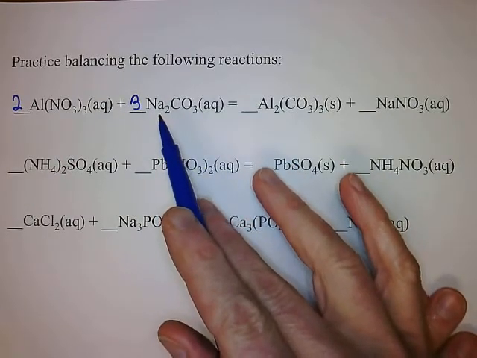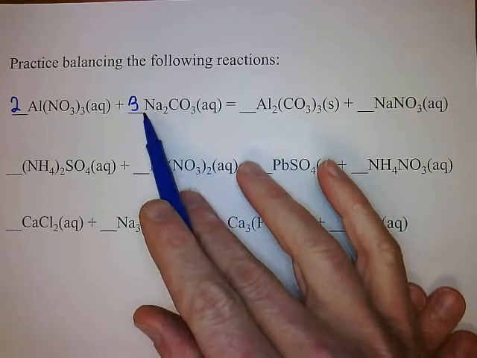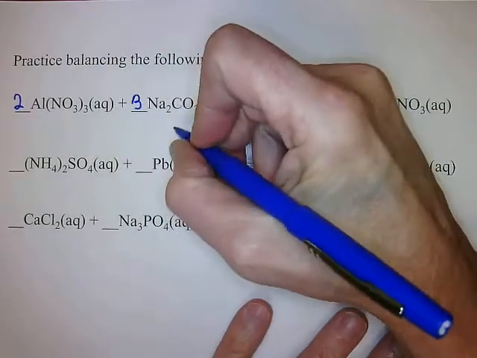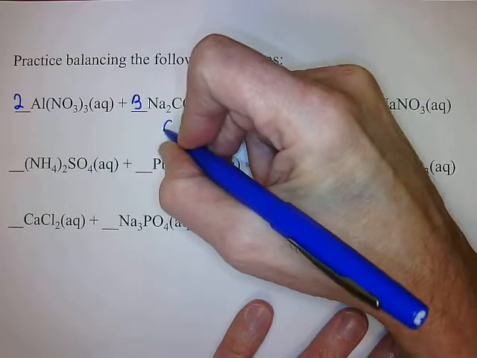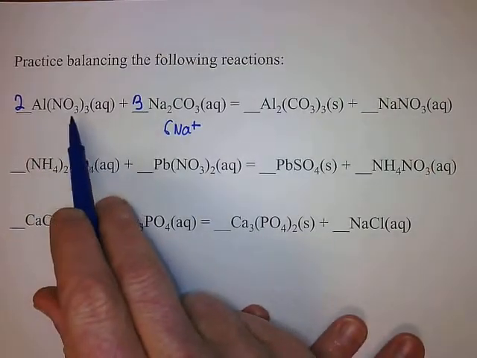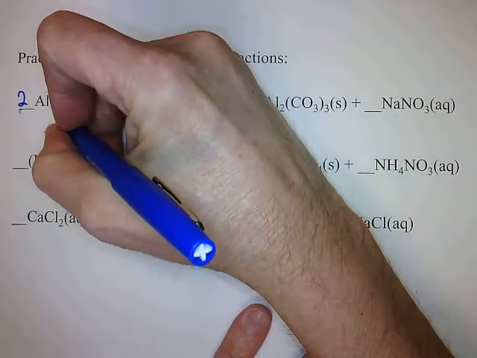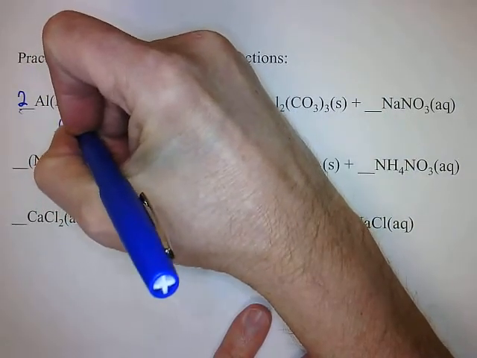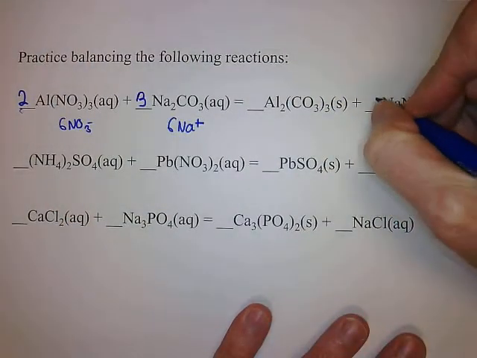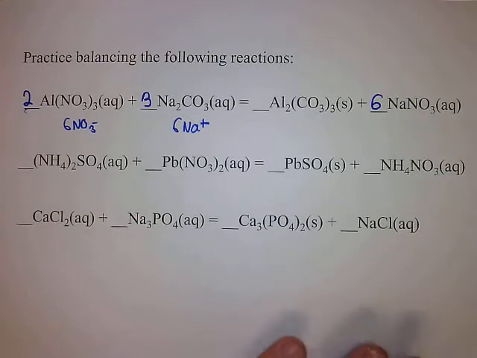So we now have 2 times 3 is 6, so we have 6 Na plus here. And 3 times 2 is 6, so we have 6 nitrates here. So we're going to put a 6 in front of the sodium nitrate, and that's balanced.